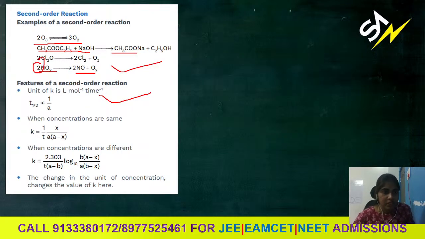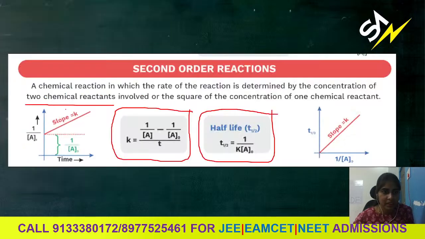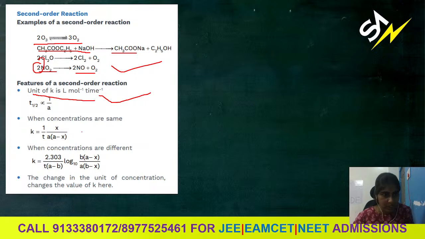And what are the features of a second order reaction? Here the unit we have talked about earlier, and T half is directly proportional to 1 by A. Here we can see T half is inversely proportional to the concentration.